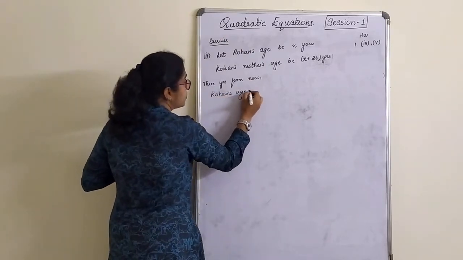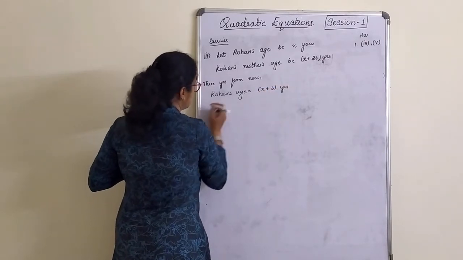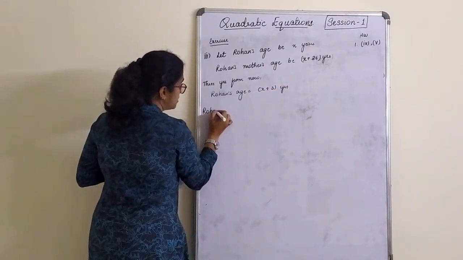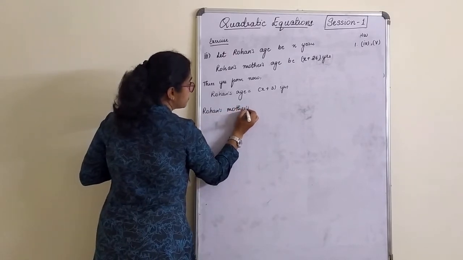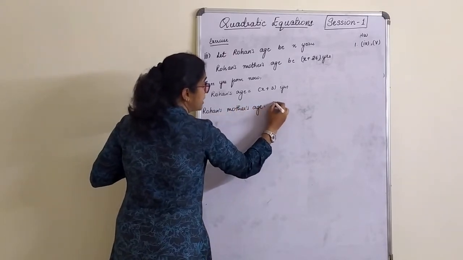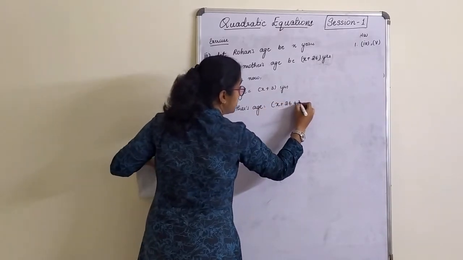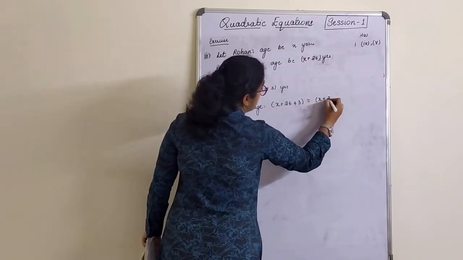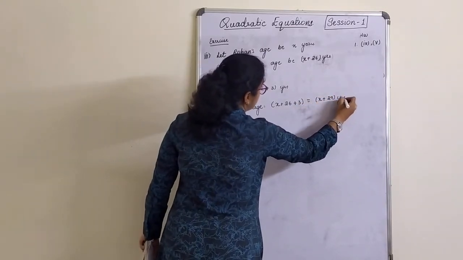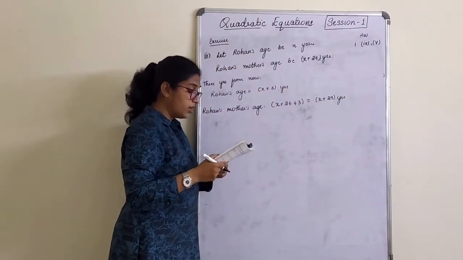Rohan's age will be x plus 3 years. And Rohan's mother's age will be x plus 26 plus 3, which is nothing but x plus 29 years. Okay. Let's see the question further again.